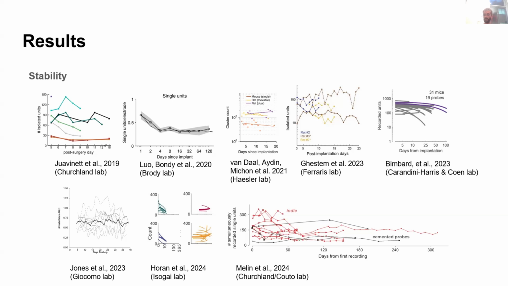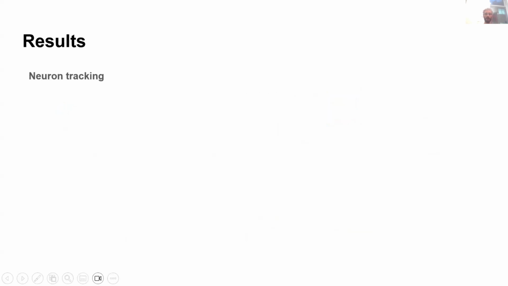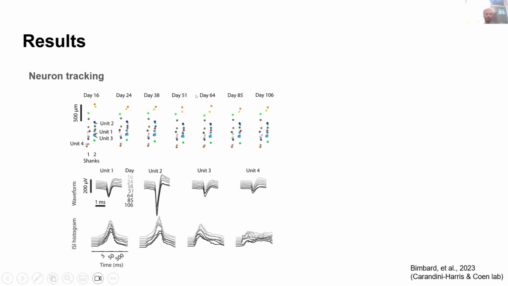So stability here, we were just counting the number of neurons. You can also try to track the neurons, and Annie is going to talk about how to do it. This is a slightly harder thing to do, but here is an example where we tracked a population of neurons for about 100 days. This was in frontal cortex, and you can use the waveforms of these neurons to track them and check with some functional measures that they are indeed stable.